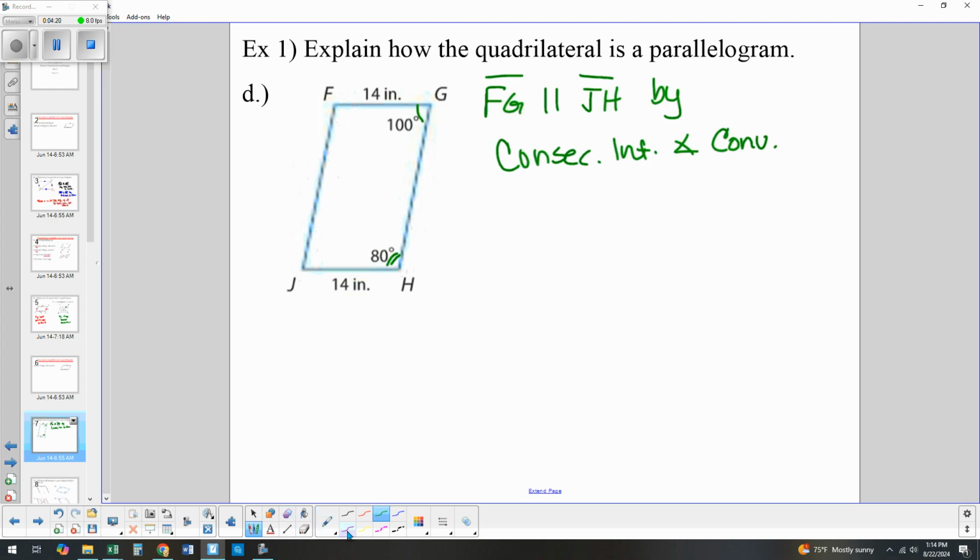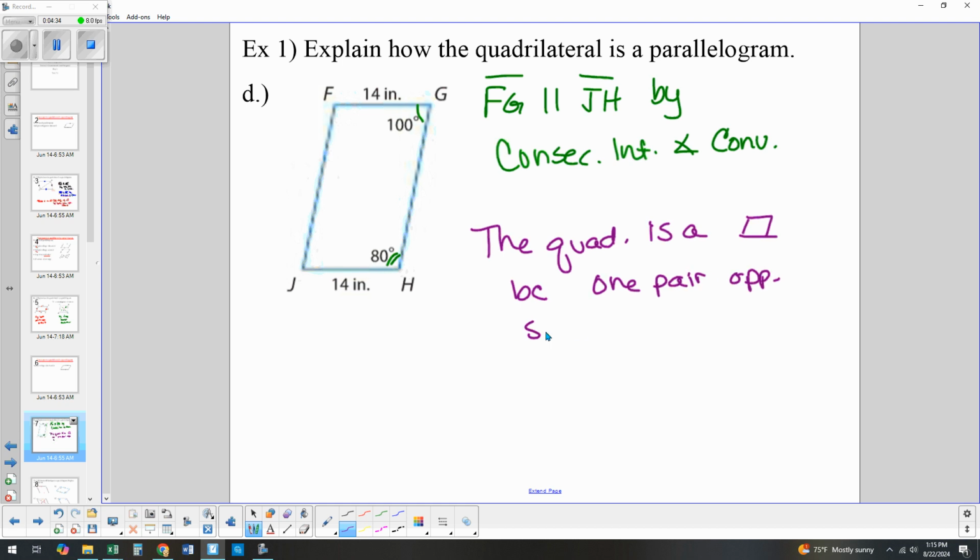So the quad is a parallelogram because one pair of opposite sides is parallel and congruent. We saw that they were congruent because they were both 14, and we were able to prove they were parallel by the consecutive interior angle converse.